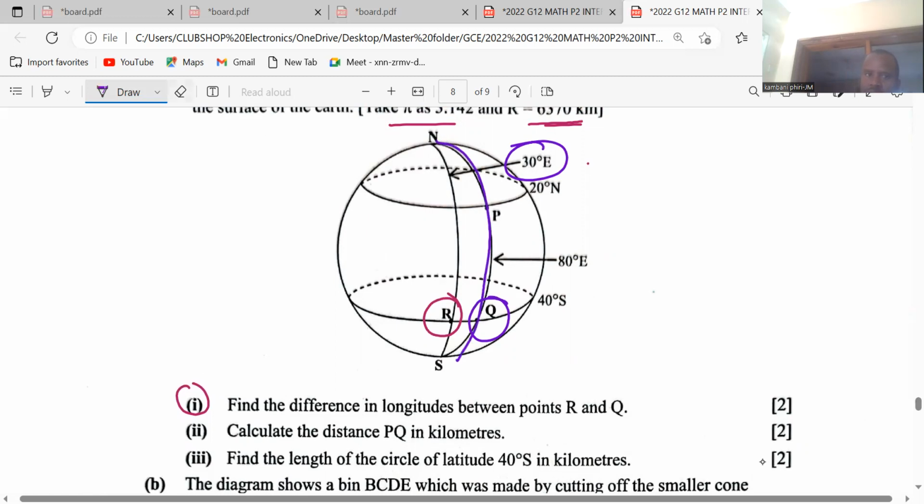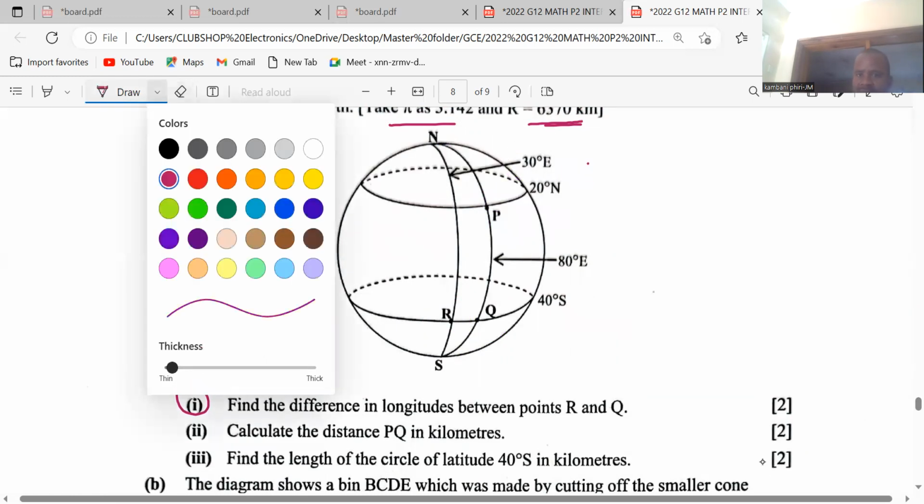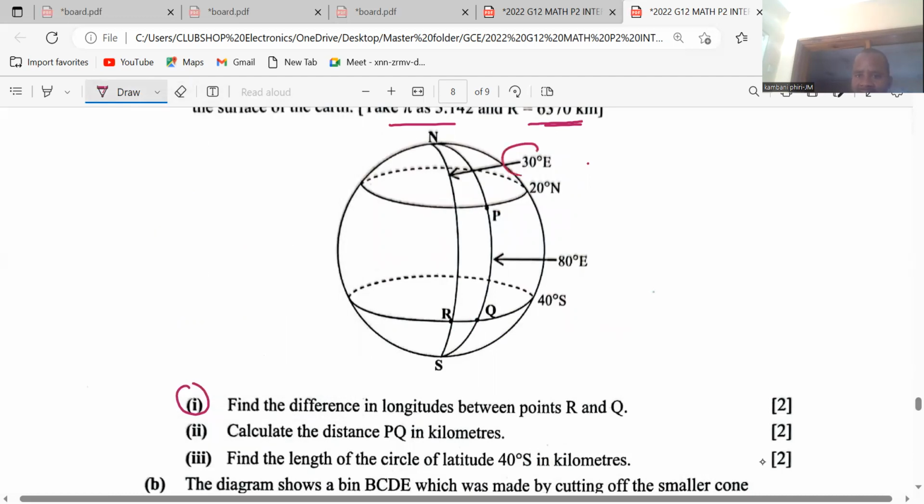So point R and point Q have different longitudes: 30 and 80 degrees. Even here it is 80 degrees east, and even this point is 30 degrees east. The longitudes are different.